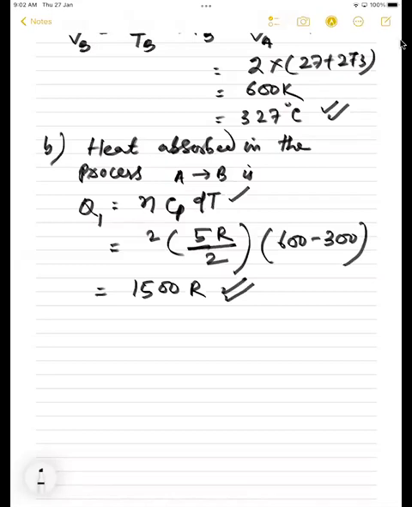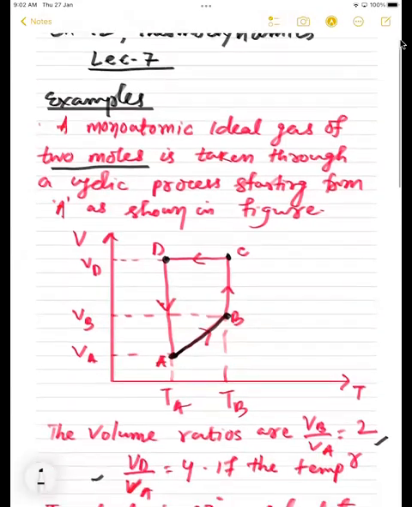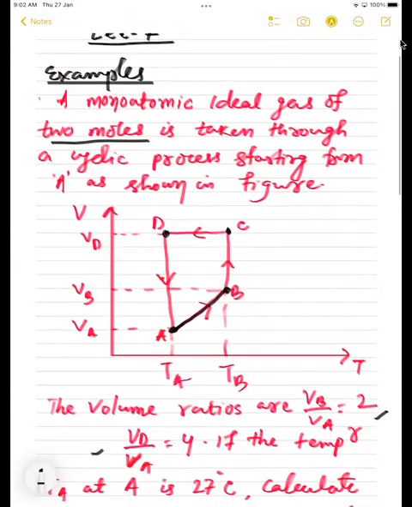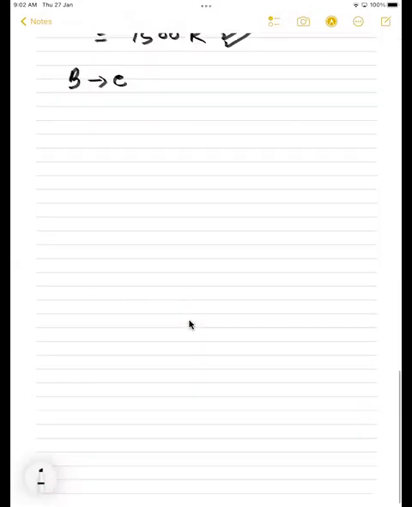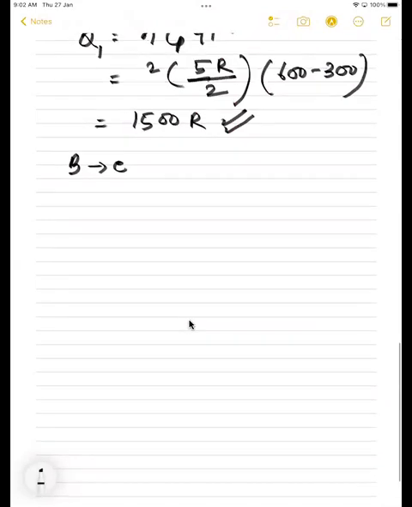Now if I go for B to C, students, from point B to point C, are you seeing? Here volume is changing. So which one is constant? Temperature is constant, so temperature constant means isothermal. So B to C is isothermal. Isothermal means heat is absorbed.